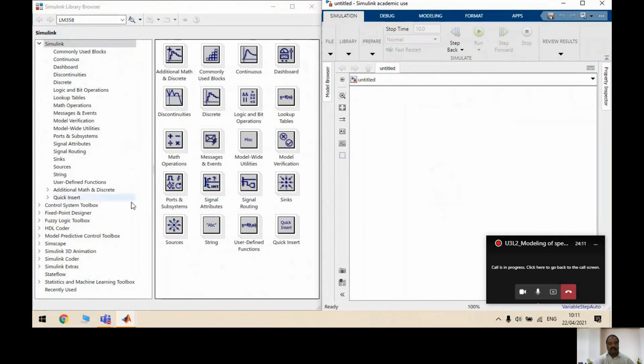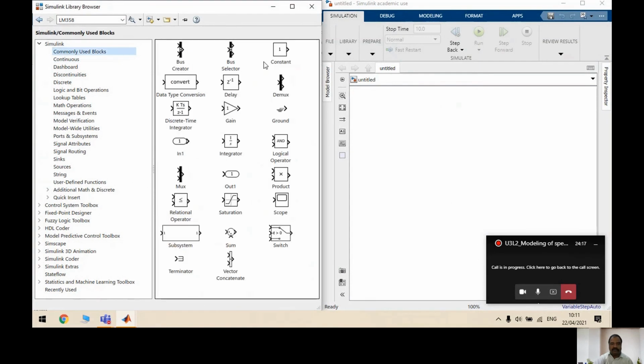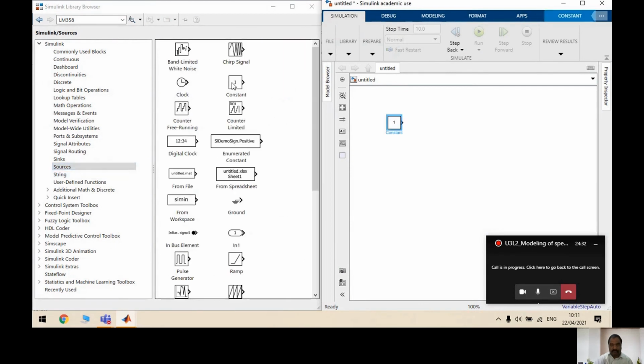The components which I do need: the first one, I need two inputs, so I'm taking them as step inputs. You can find them in the sources. These are the two inputs.